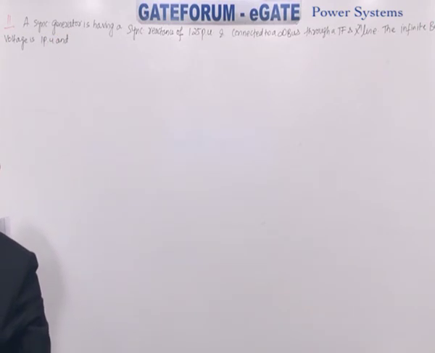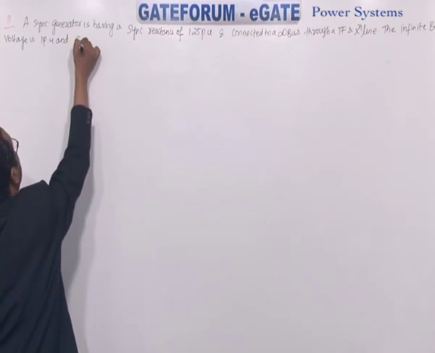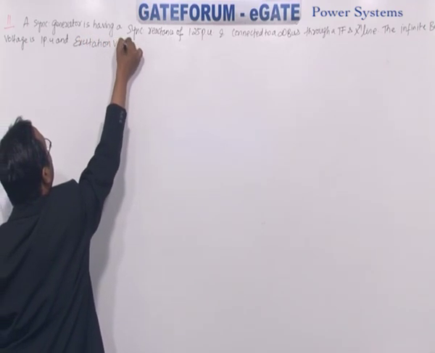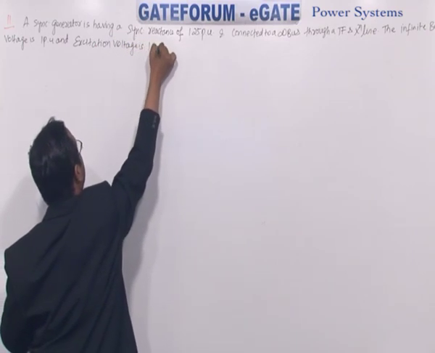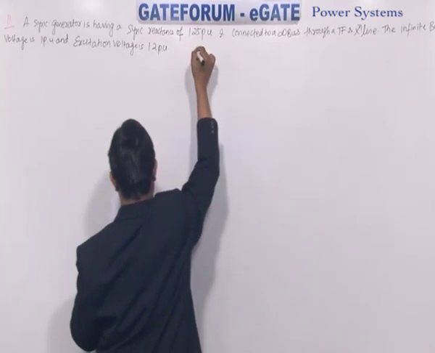Infinite bus voltage is 1 per unit, and excitation voltage is 1.2 per unit.